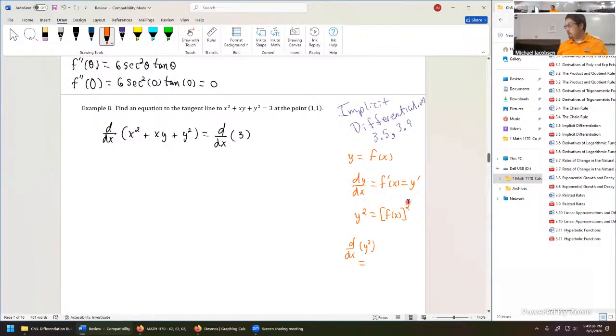That's a chain rule problem. We don't actually know what the f of x function is. We just know that we called it y. So the short answer is the derivative of y squared is 2 times y times dy/dx, which is really very tricky. But let's review it here in the margin to show how it goes, and then we'll apply it up here on example 8.